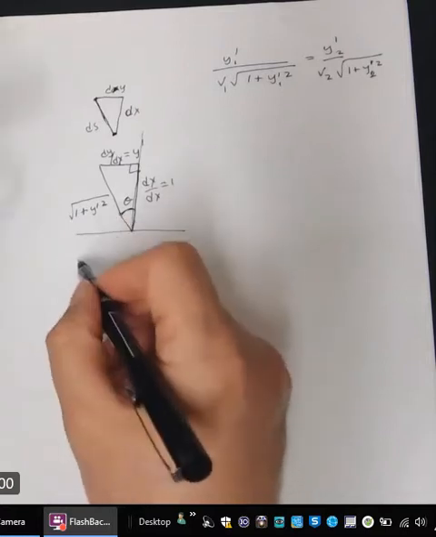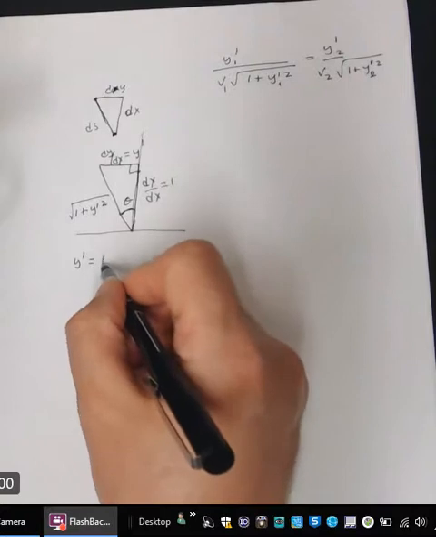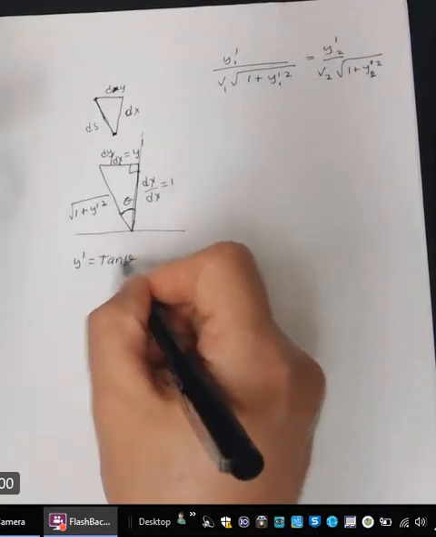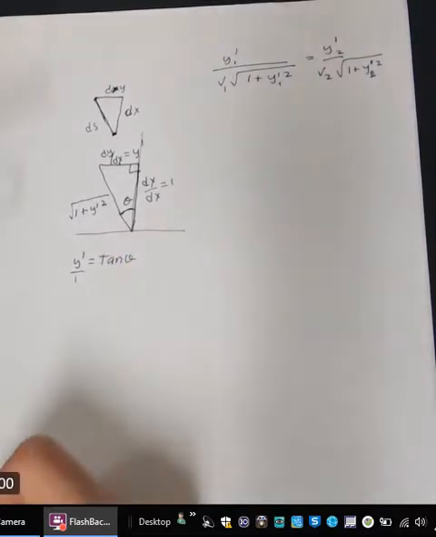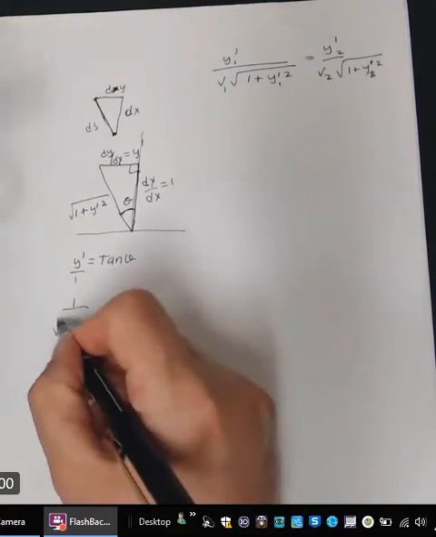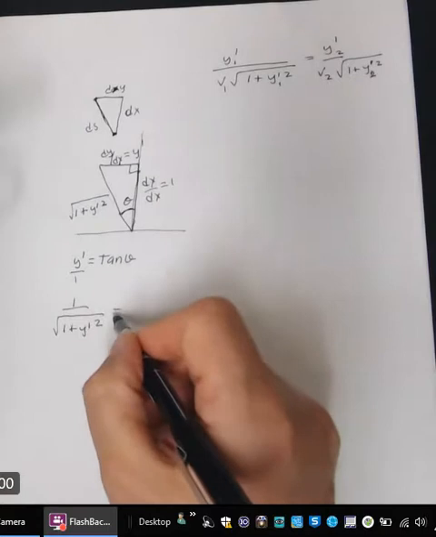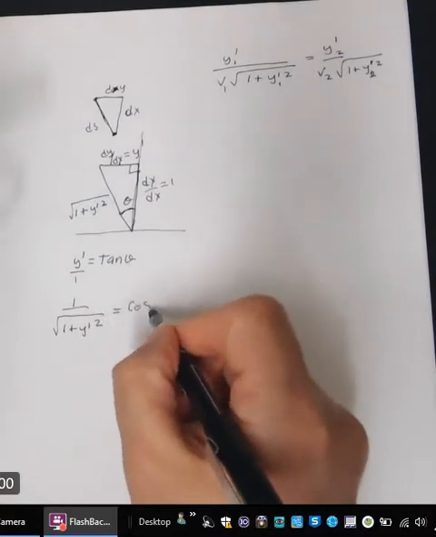So we get that y prime is tangent of theta, and we get 1 over the square root of 1 plus y prime squared is equal to the cosine of theta.